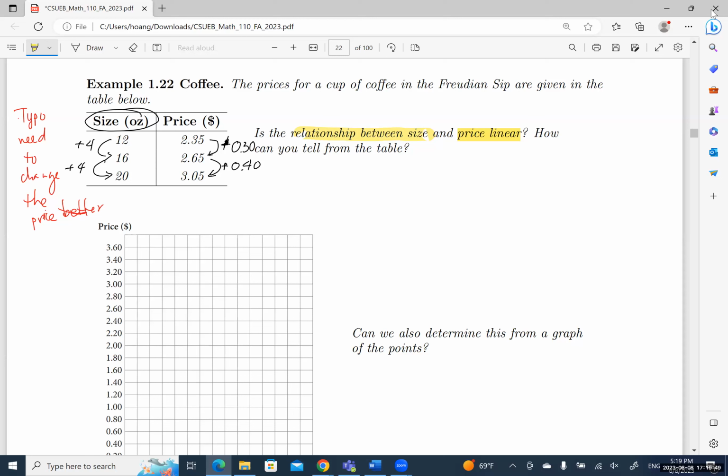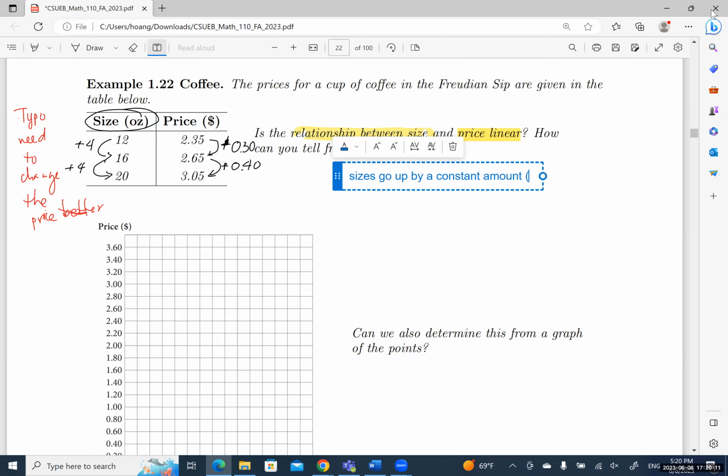So how can you tell from the tables? According to the tables, we can see that the size goes up by a constant amount, which is 4 ounces, right? 4 ounces.